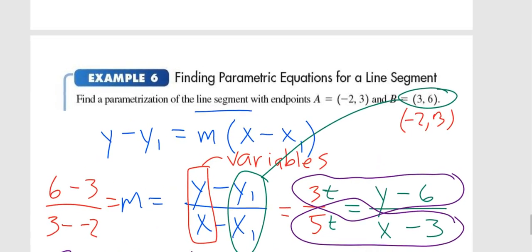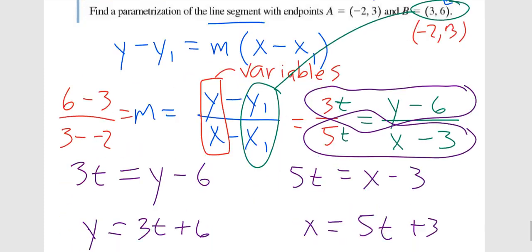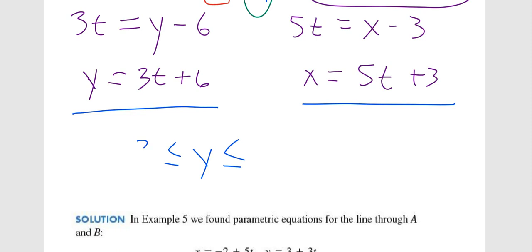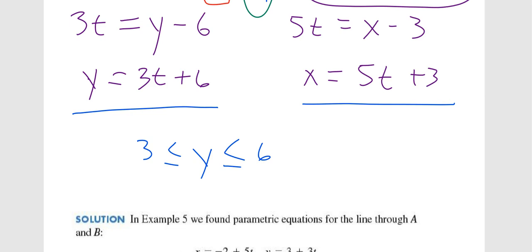If we zoom in, we see that the lowest value of y is 3, and the highest value is 6. So we got a 3 there and a 6 there. What do you think we're going to substitute for y? Nice. And now we need to solve for t.